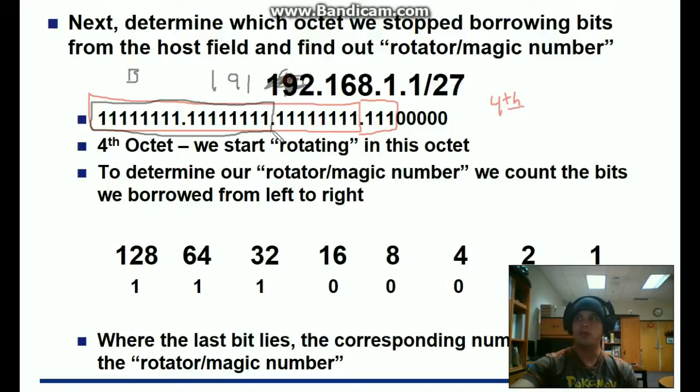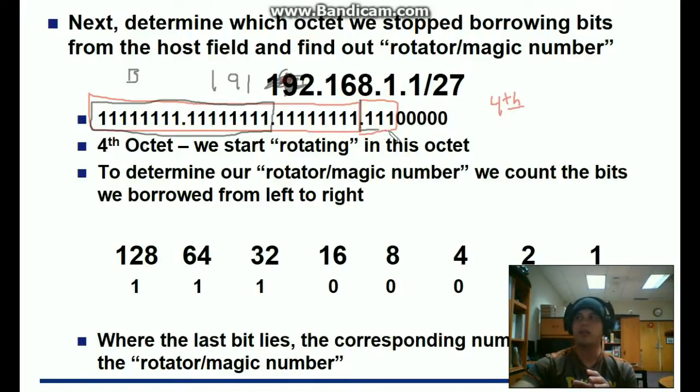But we borrowed bits all the way into the 4th octet. So we're actually focusing on the 4th octet, even though we've borrowed bits way beyond the 3rd octet. So wherever we stop borrowing bits, that is the octet that we want to focus on.